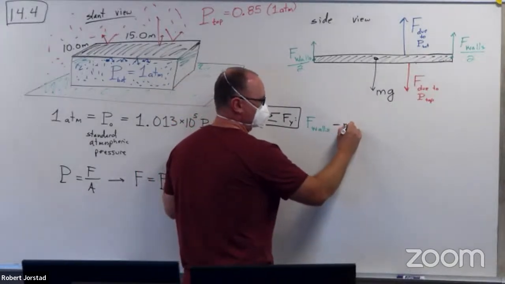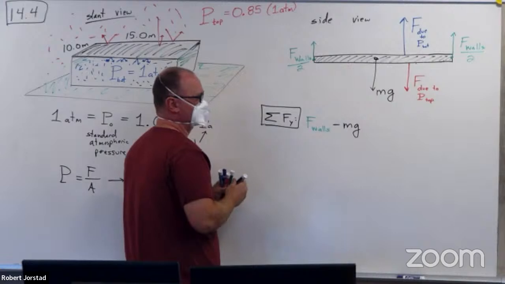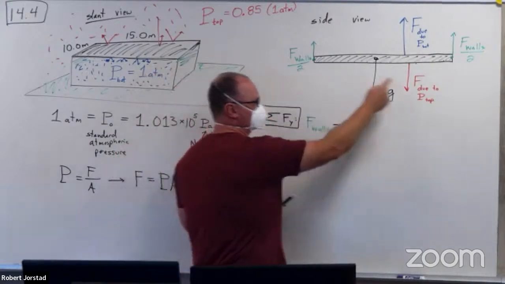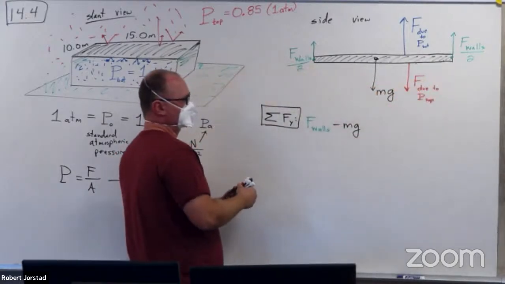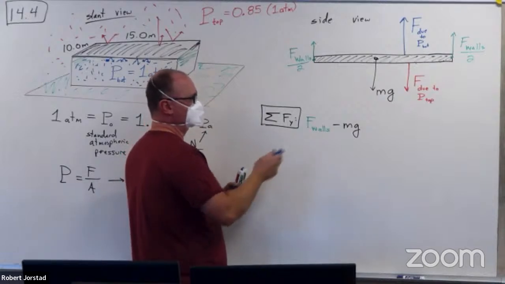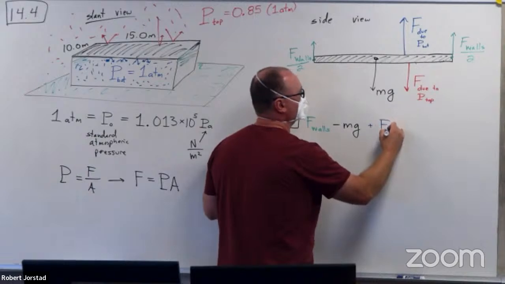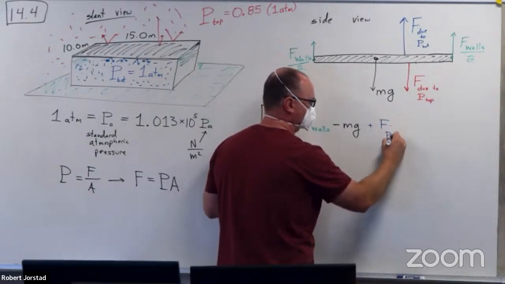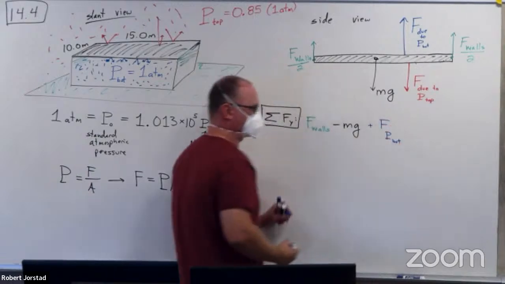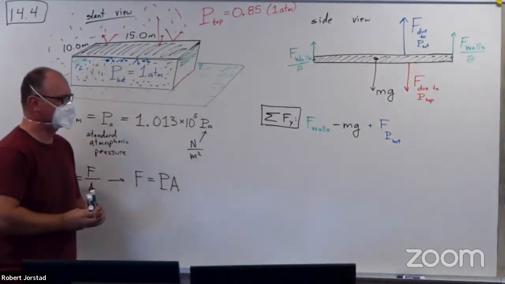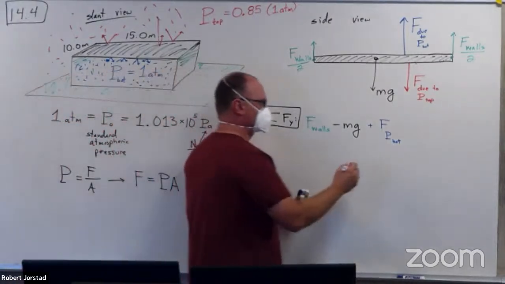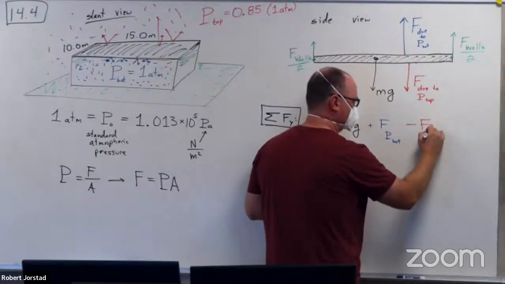There's going to be mg down. All right, you agree that F wall is these two put together? And then there's going to be force P bot minus force P top.